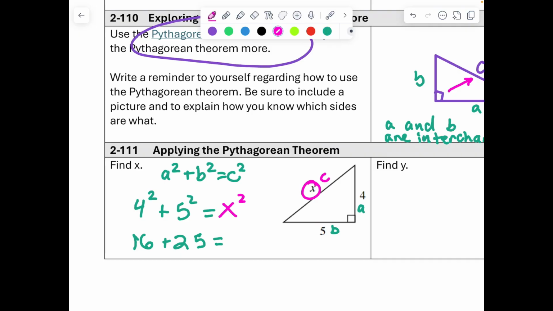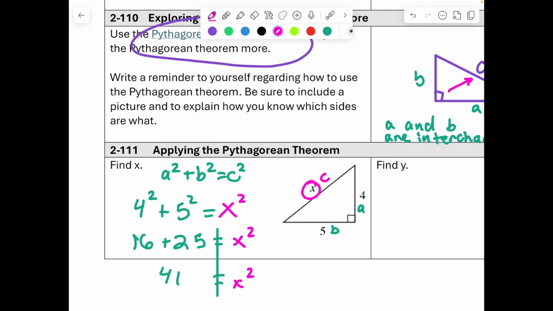And then x squared is x squared. We want to solve for x. We want to find what this missing side is so we can draw our line. 16 plus 25 is 41. So now we are left with x squared equals 41.